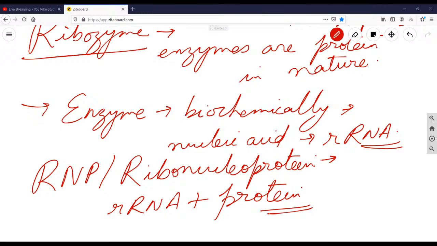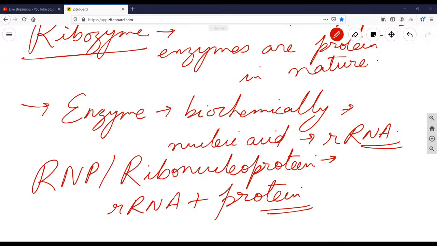Termination was observed by the action of rho-independent intrinsic or rho-dependent extrinsic factor in prokaryotes, while in eukaryotes only dephosphorylation of the carboxy terminal domain of RNA polymerase II occurs.